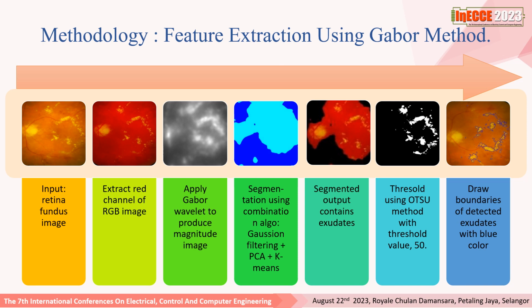We get the output as you can see in the figure, the blue colors like this, and then the output is actually the red color here, the segment output that contains exudate. After that, we use the threshold method using Otsu with the value 50. Next, we draw the boundaries of the detected exudate with the blue color. And then finally, we calculate all the parameters, same as the method that we use for the Superpixel.